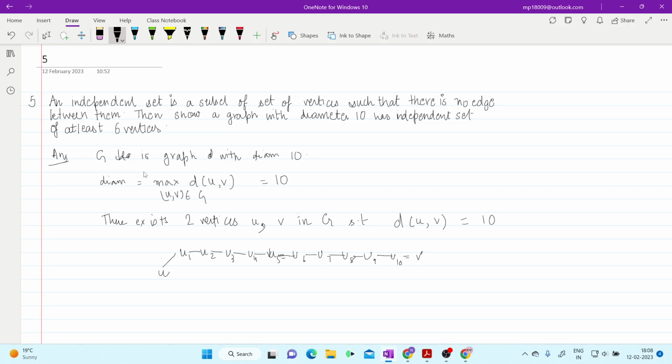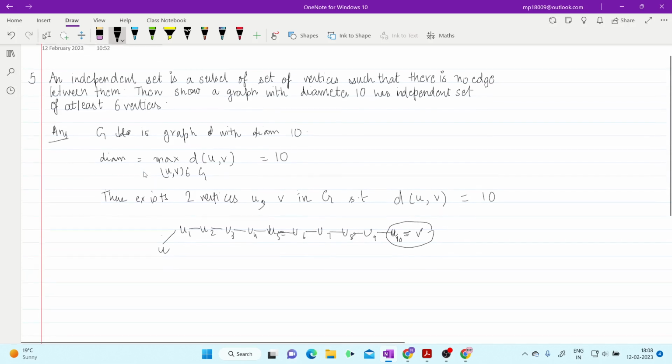Now we have to show that this graph has an independent set of at least 6 vertices. So basically you have to give me 6 vertices which have no edge between them.